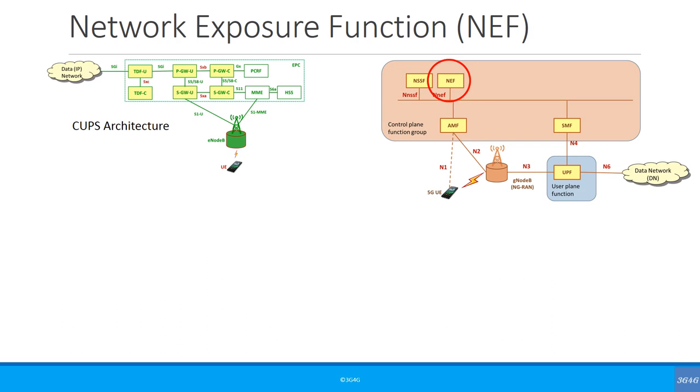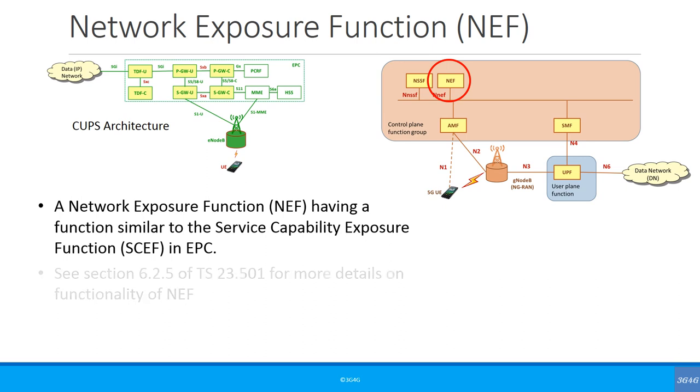So the network functions expose their capabilities and events and may be securely exposed, for example, to third-party application functions, edge computing, etc. So it allows access to the shared data layer, like analytics, for example, using a standardized interface to the unified data repository. We'll see UDR in a minute.